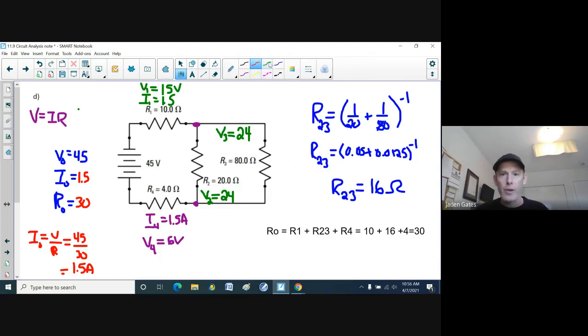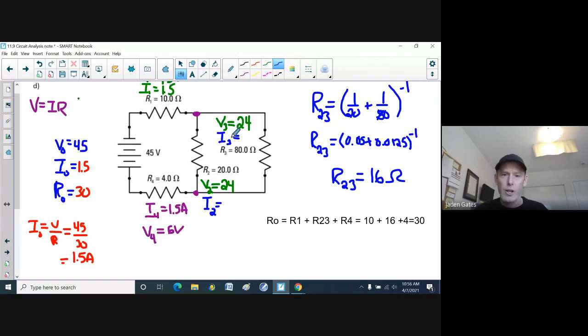So now what's left over? Well, all we're trying to figure out now is I3, the current, and I2. I'm going to use my Ohm's law, where I'm going to use I equals V over R. So if I'm doing I3 here, let's check it out. I got 24 divided by 80.